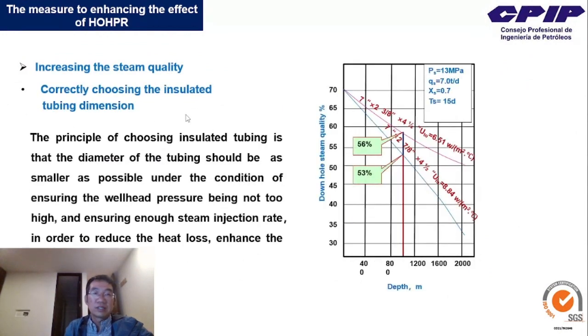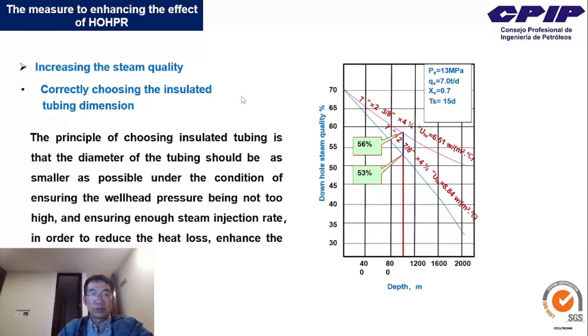And increase the steam quality. Correctly choosing the isolated tubing dimension. We can see the picture. The isolated tubing is better, and the downhole steam quality is good.